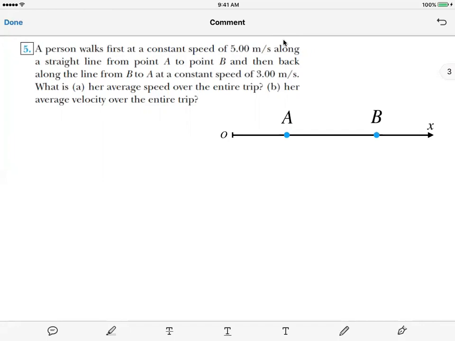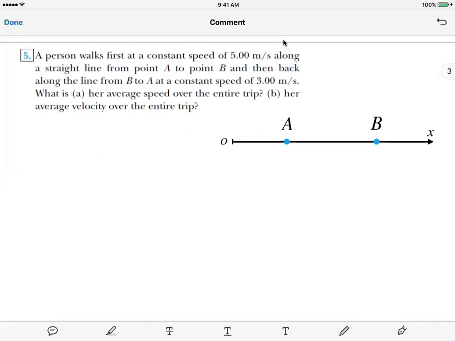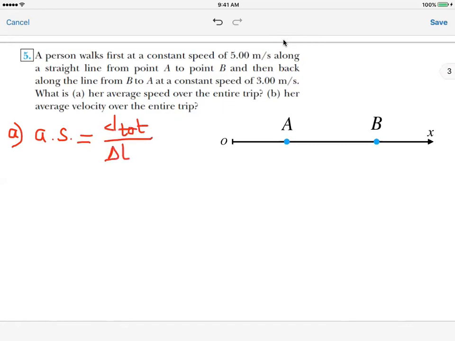Let's start with part A. In part A, they are asking for the average speed. Going back to the lecture, you remember we defined the average speed as the ratio between the total distance traveled by the particle divided by the total time interval needed to travel that distance.